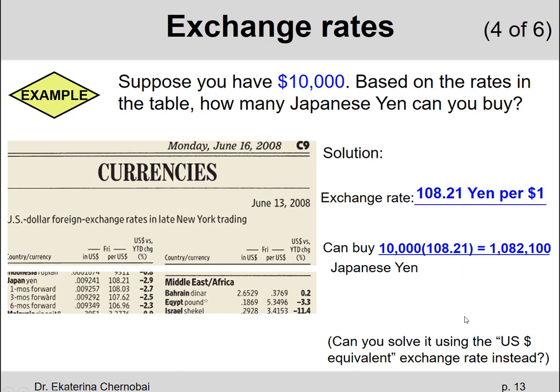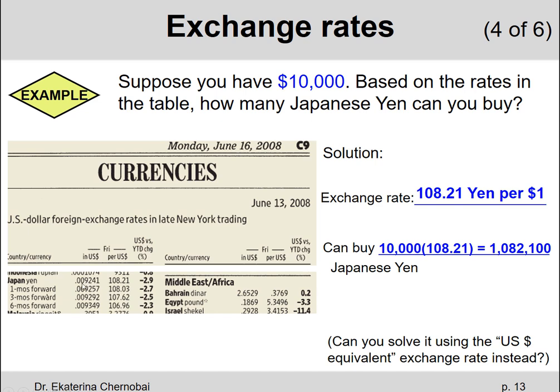How would you instead solve this problem using the exchange rate from the first column, which is 0.009241? This is labeled as in US dollars, right? So how many dollars gives you 1 yen? Because you have $10,000 and you know how many dollars gives you 1 yen, you would need to divide $10,000 by 0.009241 from the first column.